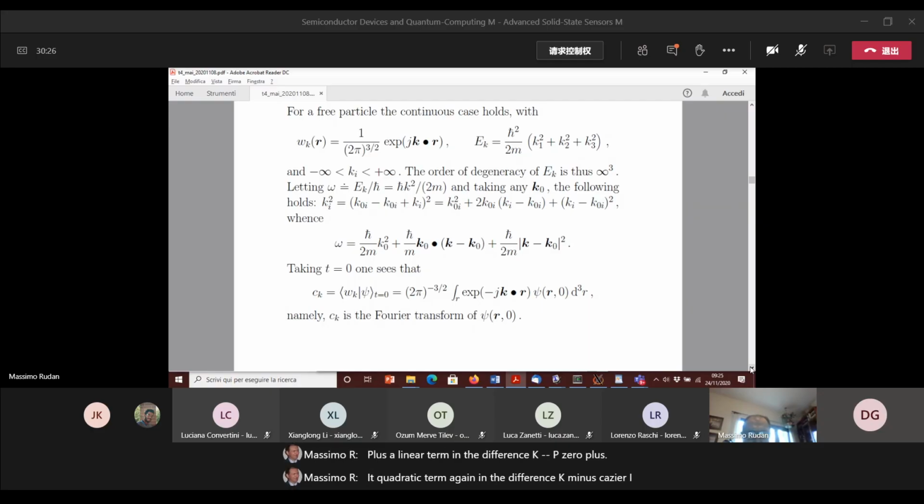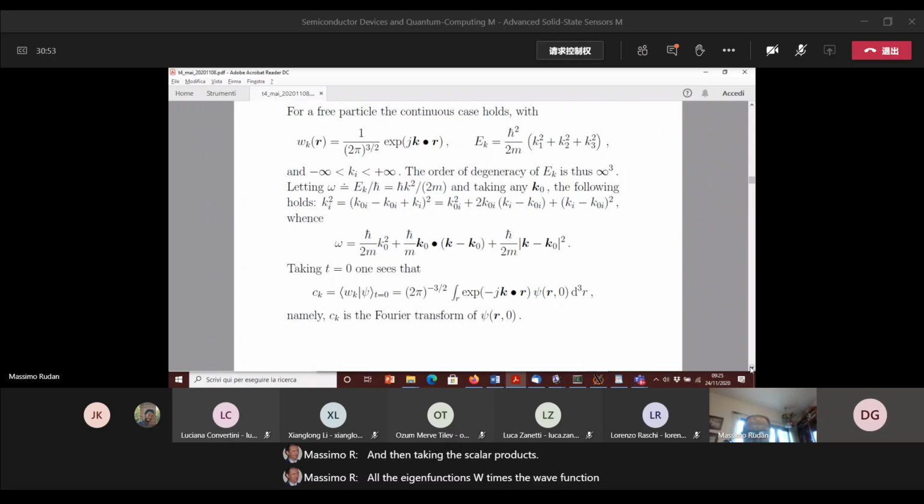I remind you that the coefficients of the expansion are found by considering the wave function at time equal to 0, and then taking the scalar products of the eigenfunctions times the wave function.